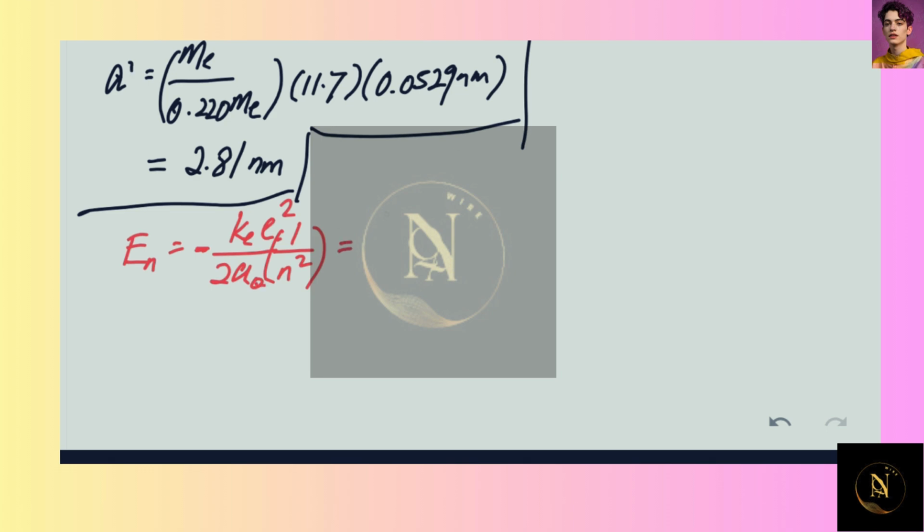So this is Ke e squared over 2 kappa times a prime times n squared, and we know that a prime is me over m star times kappa times a naught.